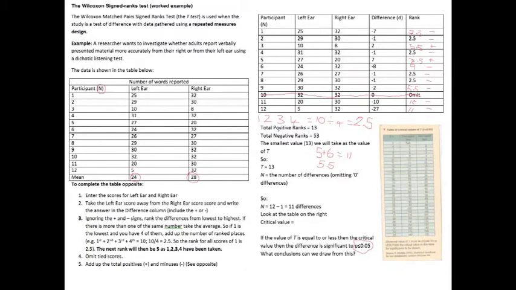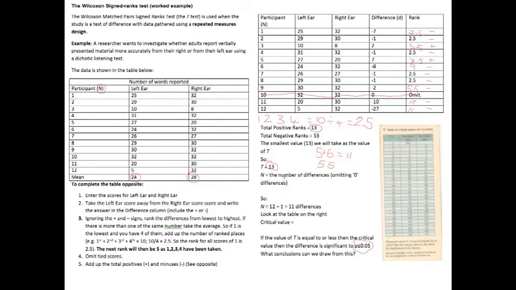What we've done here is add up our minus scores and our plus scores. If we add up all our positive ranks, that would be 5.5 plus 7.5 is 13, and then we add up all our minuses, which gives us 53. We're going to take the smallest of those figures for our test. So that's going to be 13. So T is 13. This is what we need to see whether or not our results are significant.